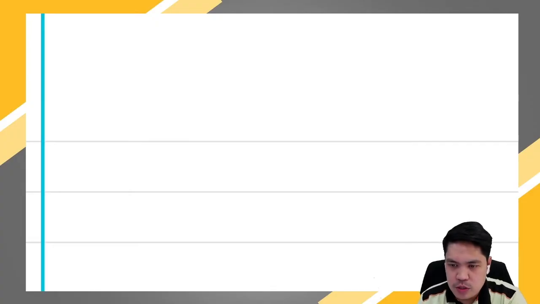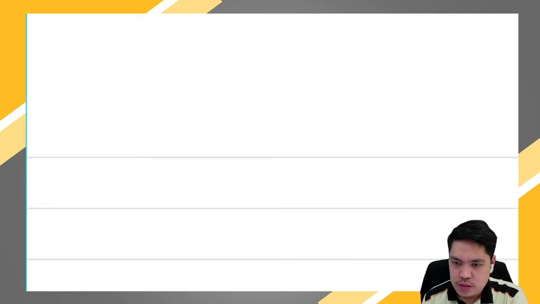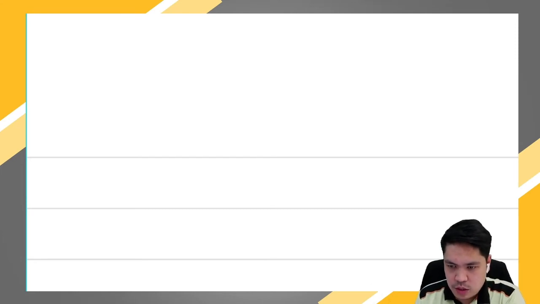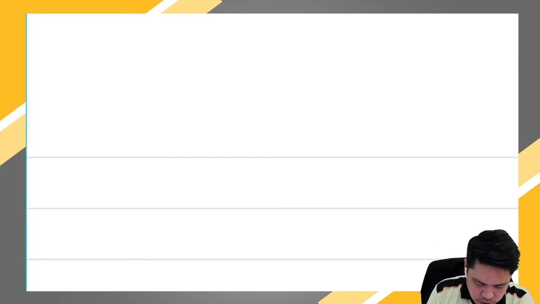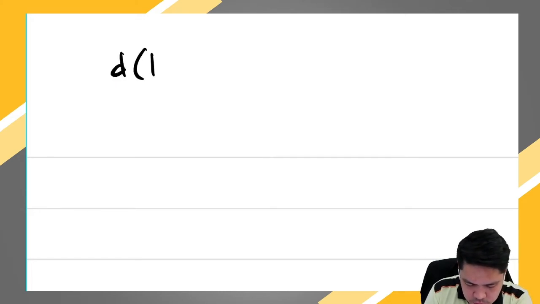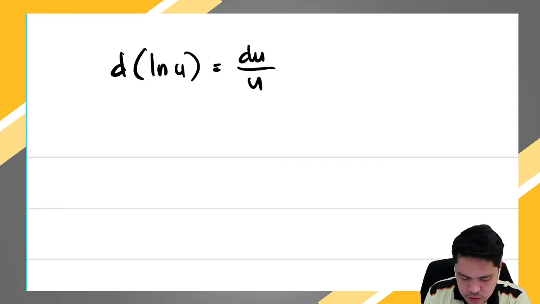So now let us proceed to our next formula, which is the formula for integrals that result in a logarithmic function. We know from derivatives that the derivative of ln u is equal to du over u.